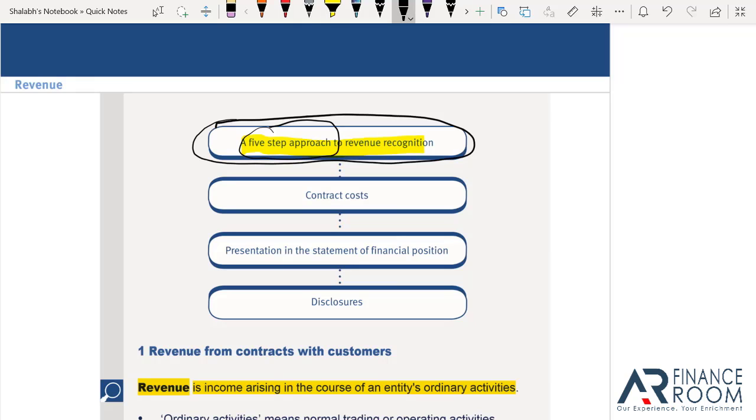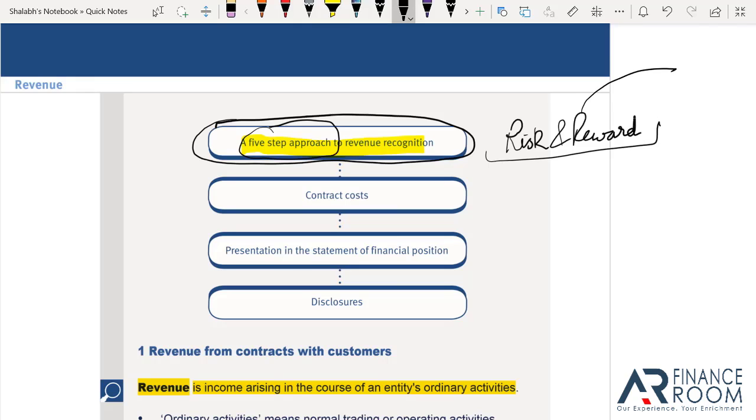Earlier, if you go through the text of the earlier accounting standards, though there is no requirement of going through it, just for the sake of discussion, revenue was recognized when the risk and reward used to get transferred. That was the only major point of recognizing revenue in the books of accounts.